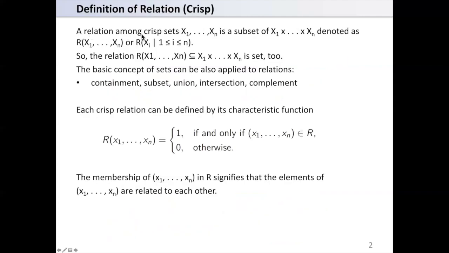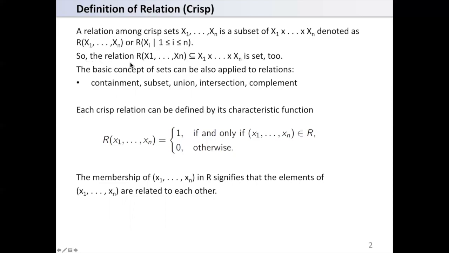A relation among crisp sets X1 up to Xn is a subset of the Cartesian product of X1 up to Xn, denoted as R on X1 up to Xn, or R on the Xi, such that i is between 1 and n.